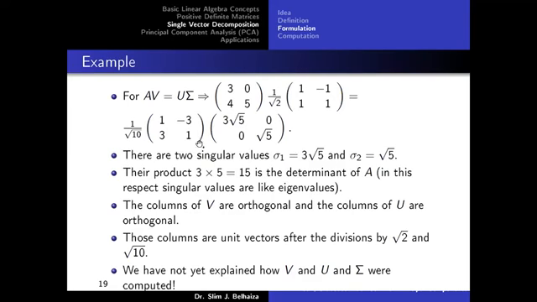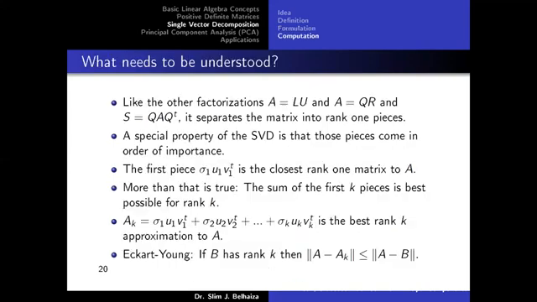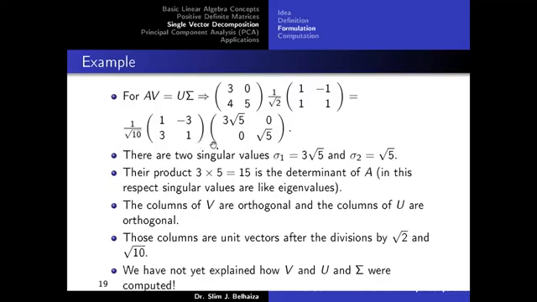Now the question is how to obtain this. Well, the idea is simple: work on A times A transpose and A transpose times A. Whatever happens, even if A is not square, these are two different symmetric matrices. This example is a particular case where A is square, just for simplification.